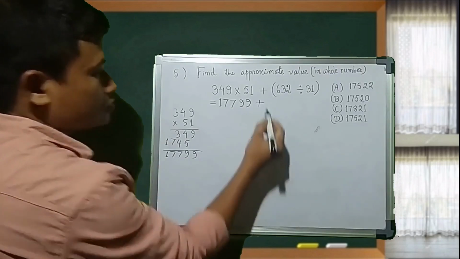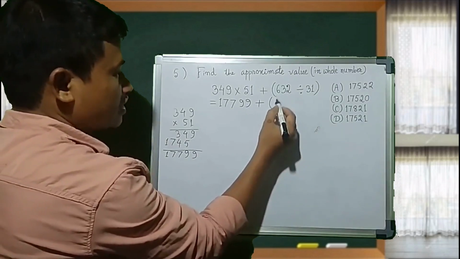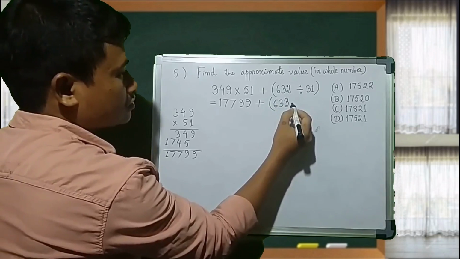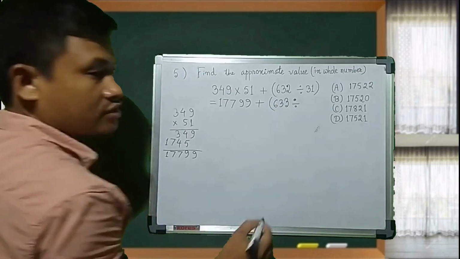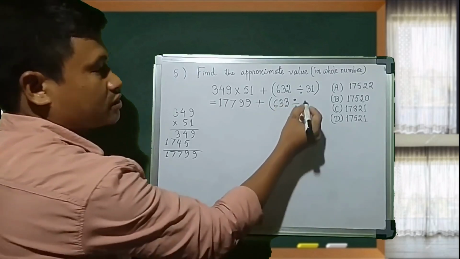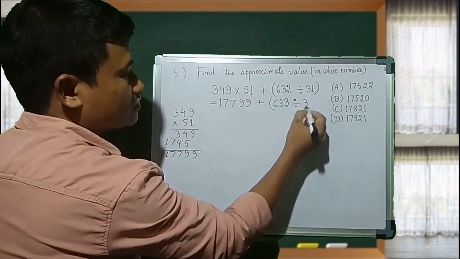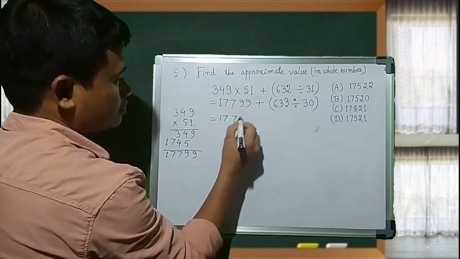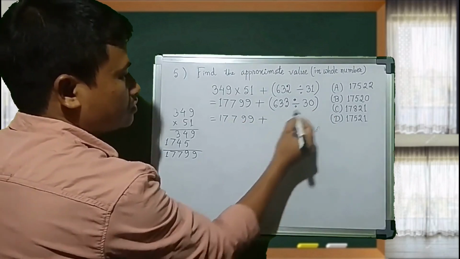Thereafter, this number we can assume 633. For the sake of convenience in calculation, 31 you can write as 30.